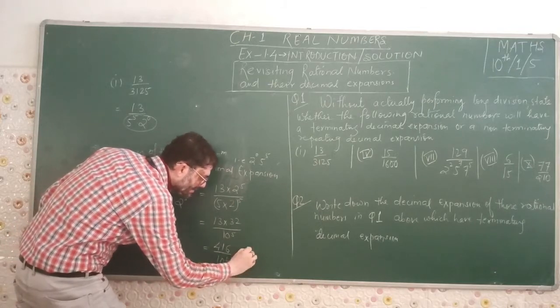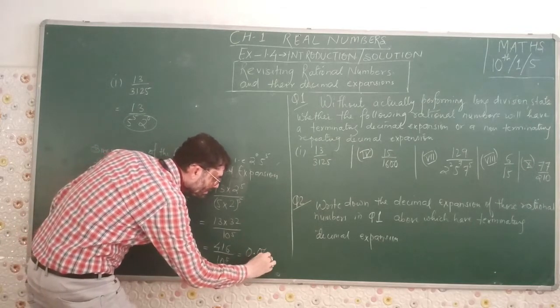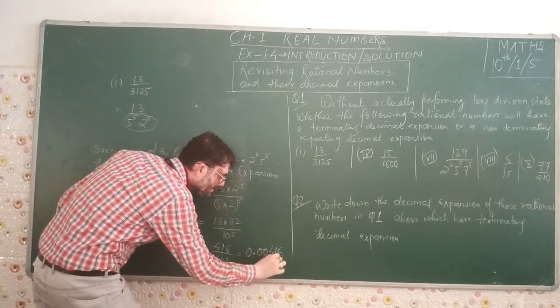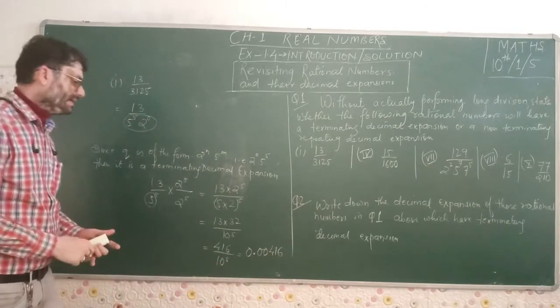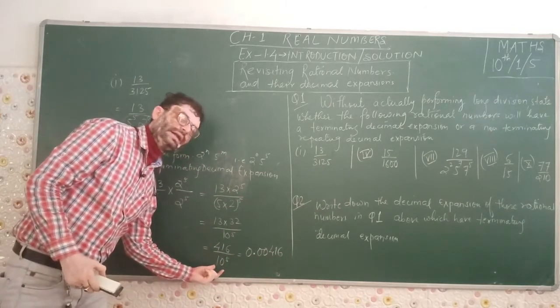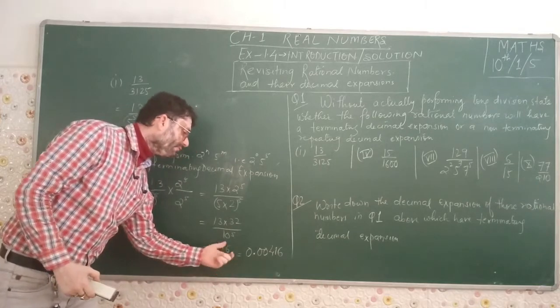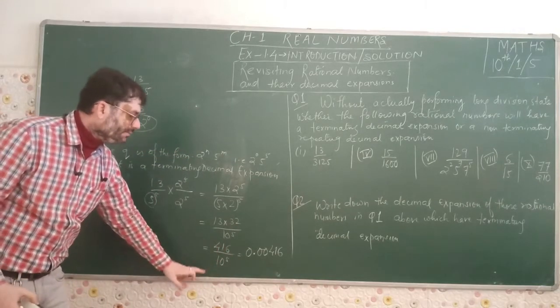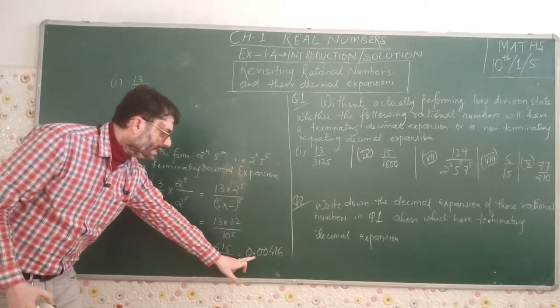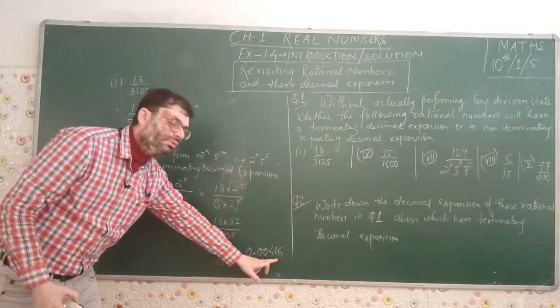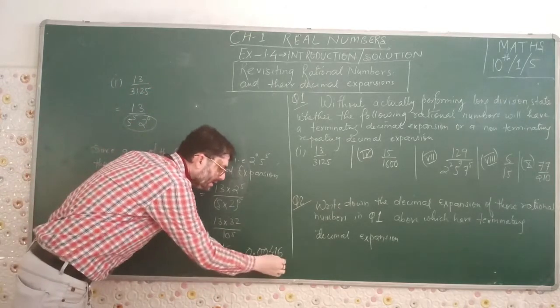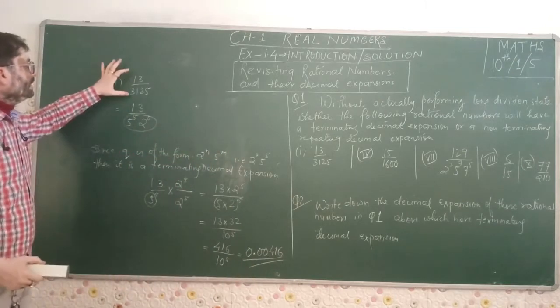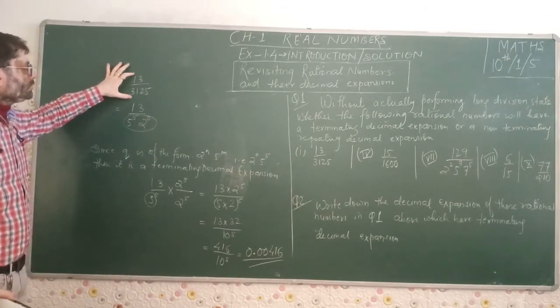This can be written as 0.00416. We need 5 decimal places as the denominator is of the form 10 to the power 5. Arranging it in 5 decimal places form, this can be written as 0.00416. So this is the decimal form of 13 by 3125.